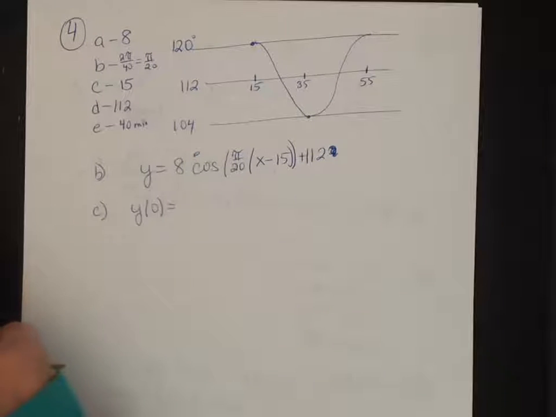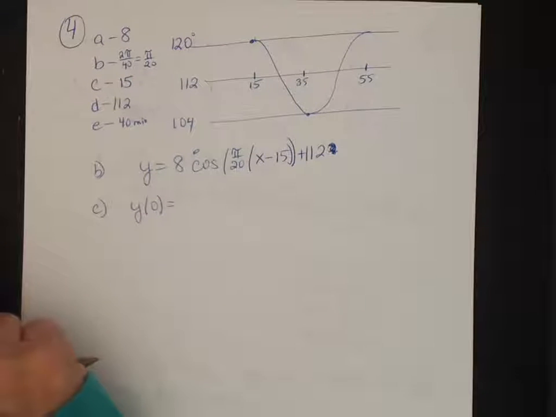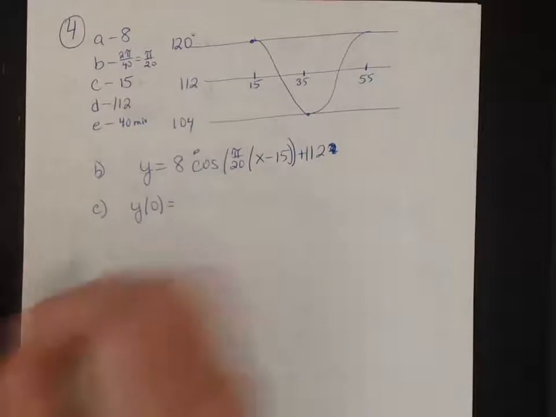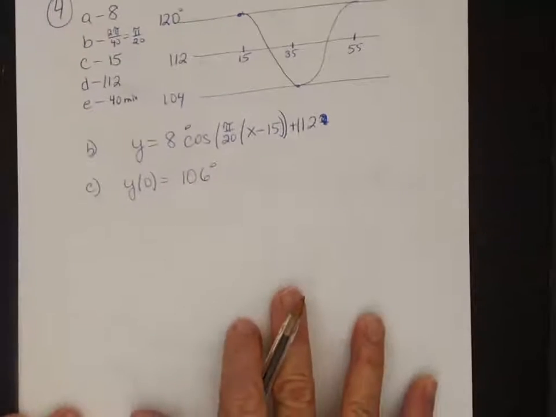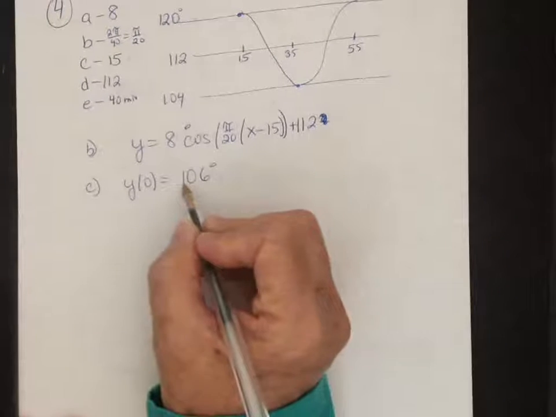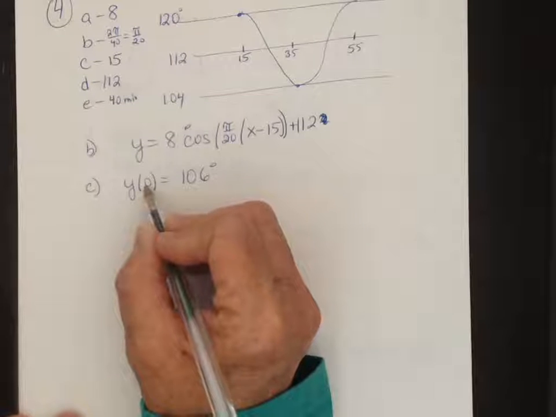Did I change my equation? 8 cosine of pi over 20 times x minus 15, plus 112. There we go. And we get 106 degrees. So the alien's temperature is 106 degrees at time 0, so when they started measuring it.